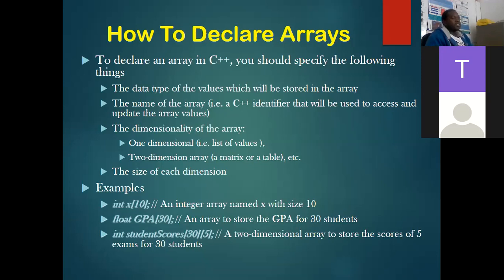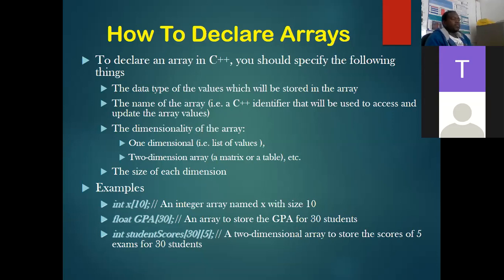Then the dimensions of the array. Normally we deal with the one-dimensional array, which is just a list of values, or 2D arrays, which might be a matrix or a table. And you can go as far as you want. So in your practice, you can see other 3-dimensional arrays and the like. And when you go deeper into programming, even more diverse arrays.